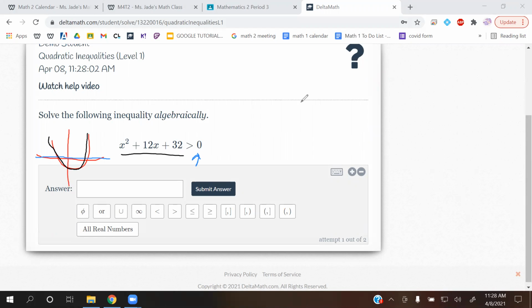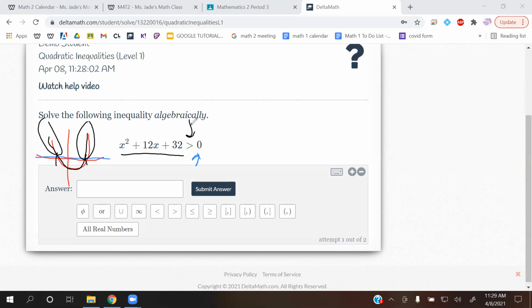Essentially what we want to do is find the sections where our black graph is greater than 0. So we want the sections that are above 0. Essentially we're going to want this section and this section. But we need to find out exactly what x values are over here, because we don't know what those are yet.